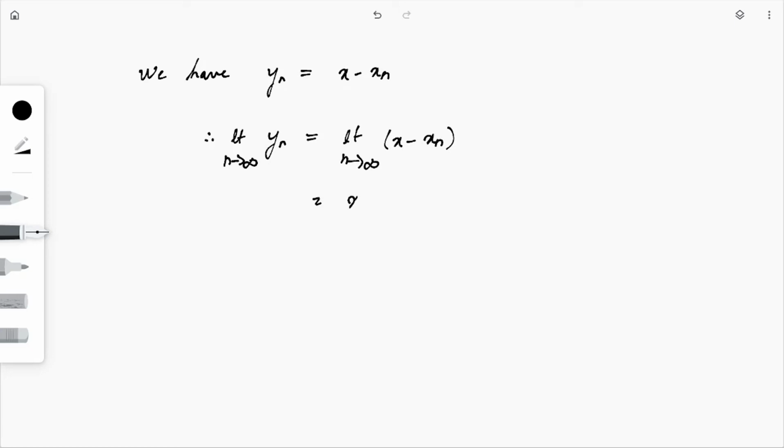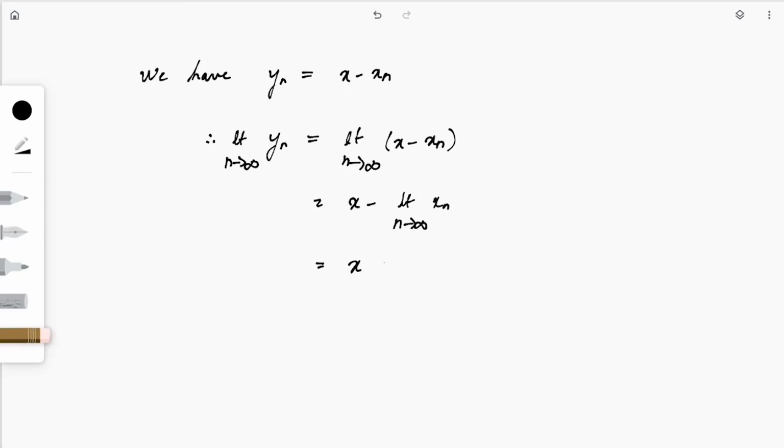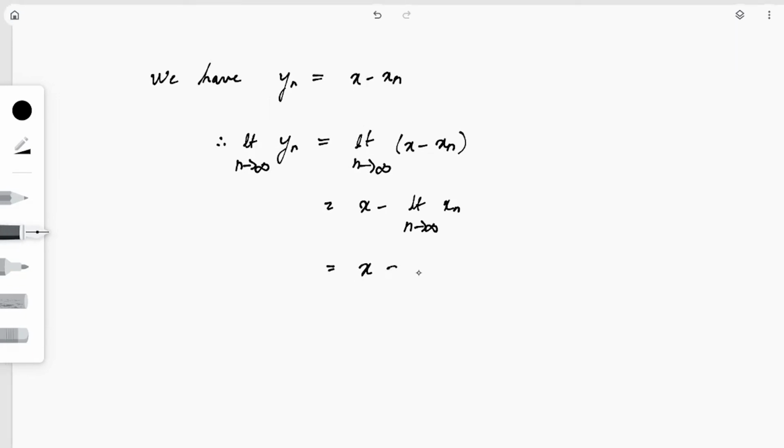So I can write this as x minus the limit as n tends to infinity of xn. Now what was xn? xn was nothing but the summation, i equal to 1 to n, of inner product x, ei, times ei. This was xn.